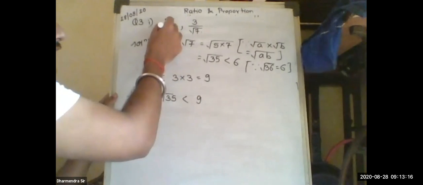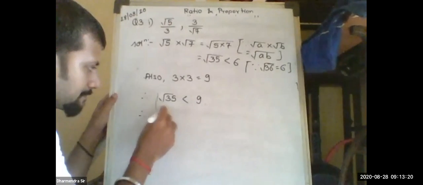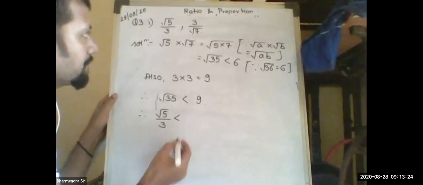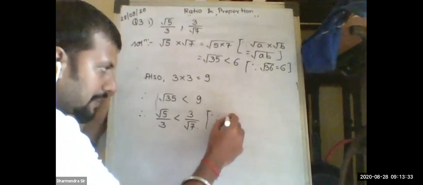So therefore, root 35 gives me this. This part means numerator. This is A. So AD. So this was root 5 by 3. Root 5 by 3 is less than 3 by root 7. This is by comparison of ratios.